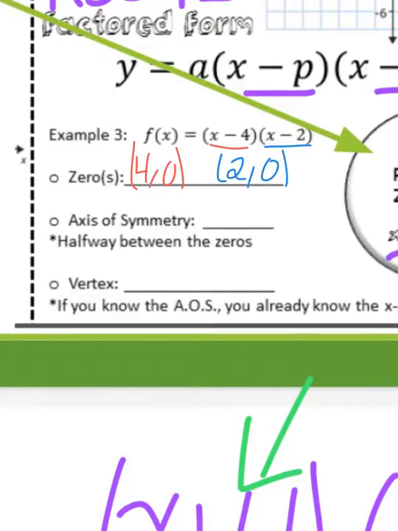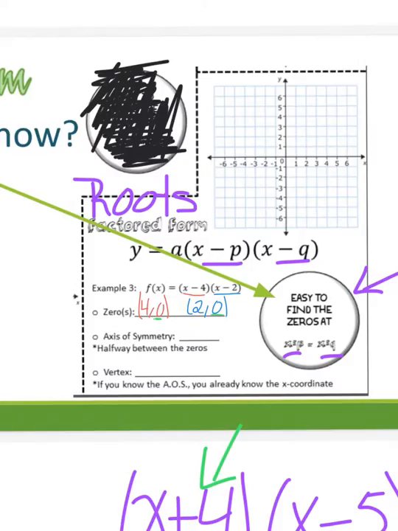And my y values are both going to be 0 because we're talking about the x-intercept. So let me zoom out and let's go ahead and plot those 2 points. The first one was at a positive 4 comma 0, and the blue one was at 2 comma 0. So those are your roots. You can call it a zero, an x-intercept, a solution. Any of those words would work.